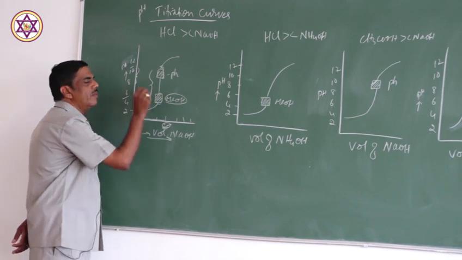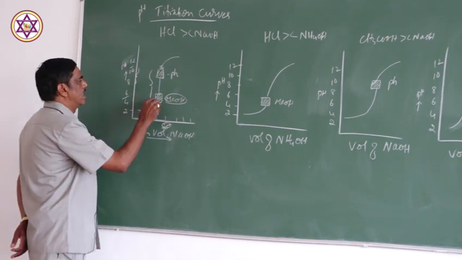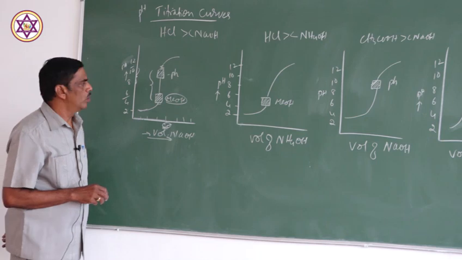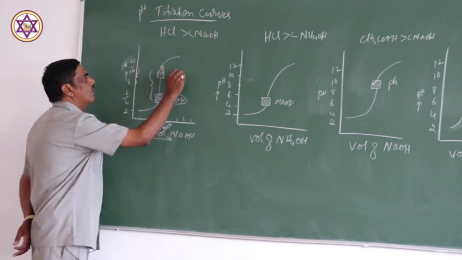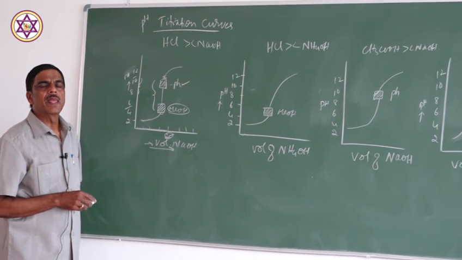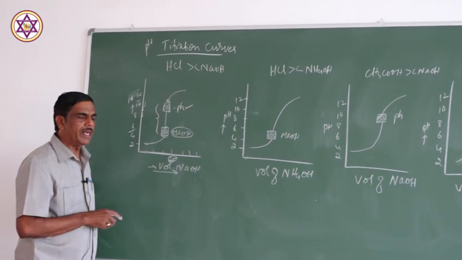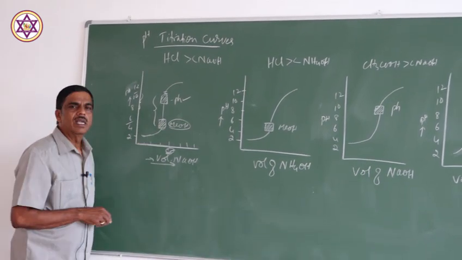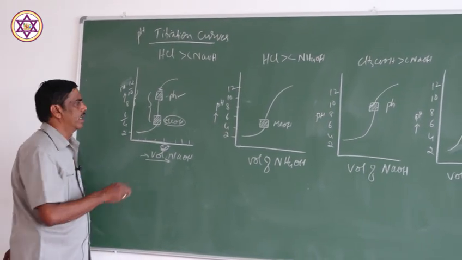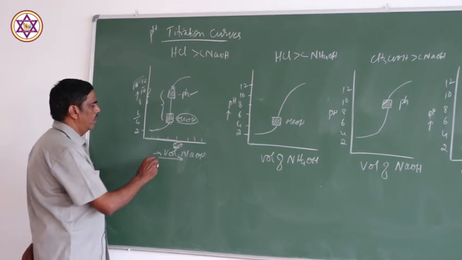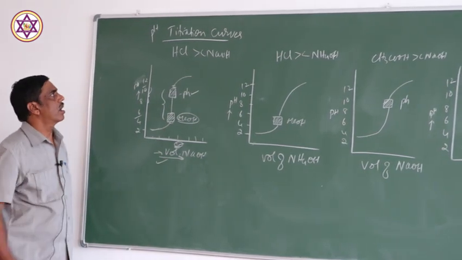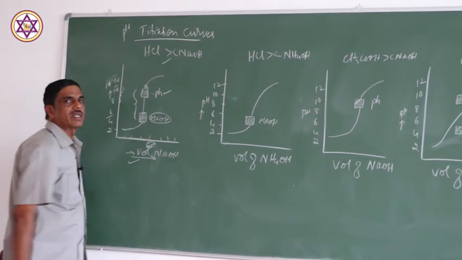Therefore, any indicator with a range between 4 and 10 can be used. Phenolphthalein changes color from colorless to pink, whereas methyl orange changes from yellow to orange red. Any of the indicators can be used for this type of titration, strong acid and strong base.